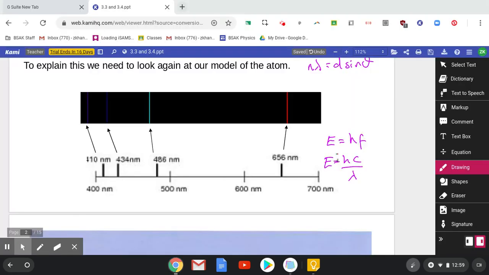So let's say that once more. We have got fixed wavelength on the line spectra corresponding to a fixed energy, considering E equals hc over lambda.